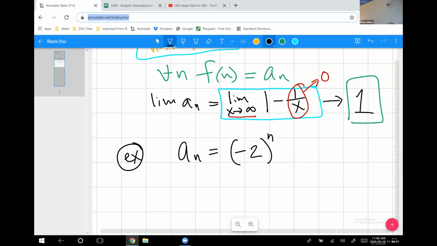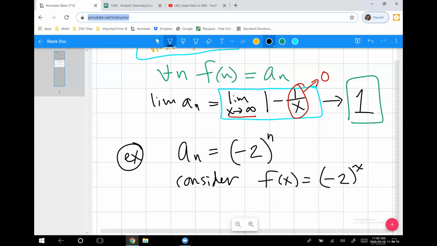So our problem with something like this is that if you consider f of x equal -2 to the x, what do you think about that function? Yeah, it doesn't look like you can just take a limit as normal. Well, more importantly, we've never defined a function that way because it's problematic whenever n is not a nice whole number.